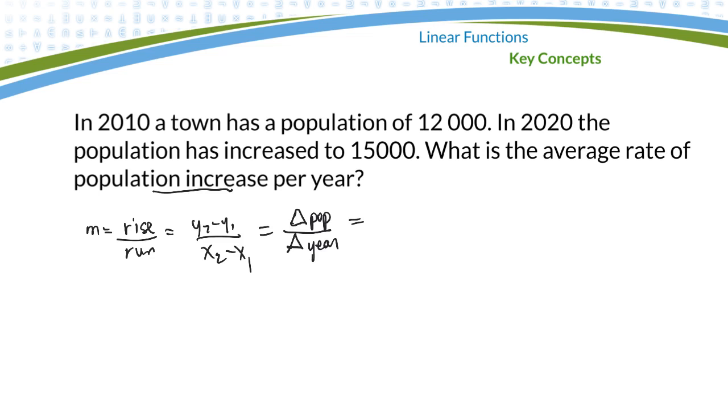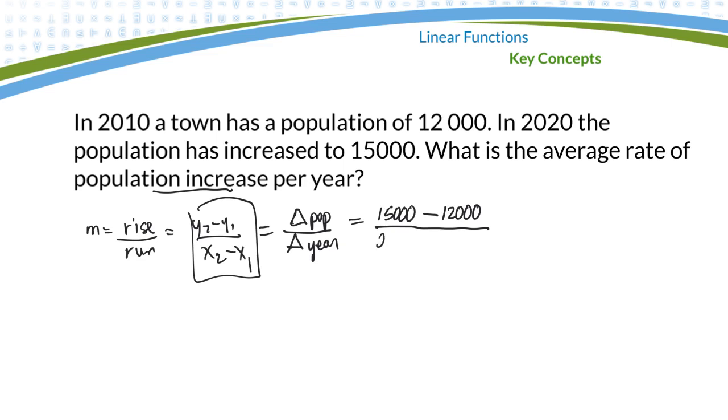So to figure out the change in population, take the population in the last year, 15,000 minus what it started at, 12,000. You see how it's very similar to this one? Divide that by the change in years.